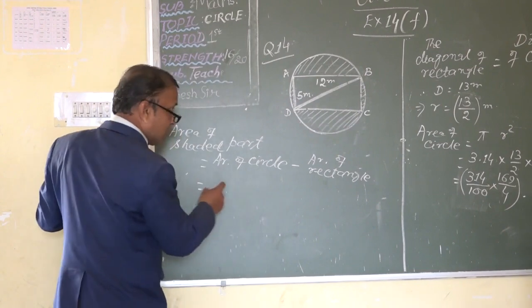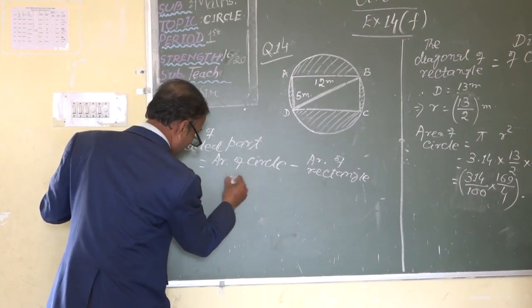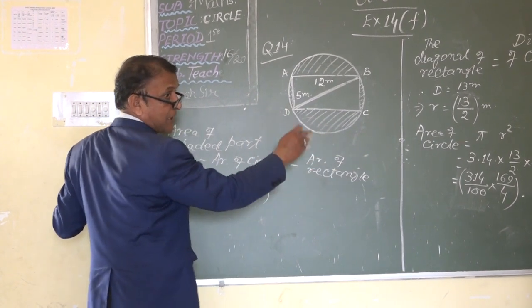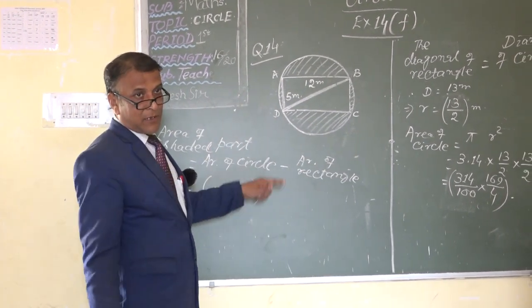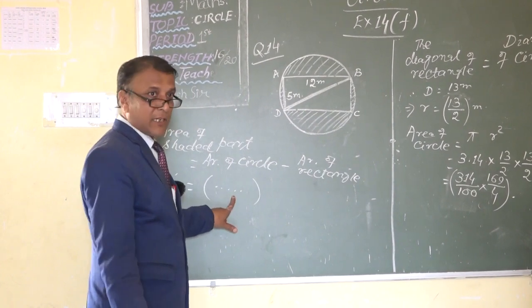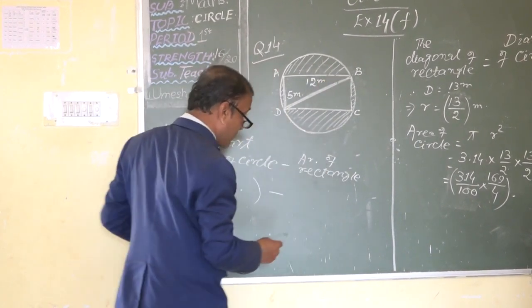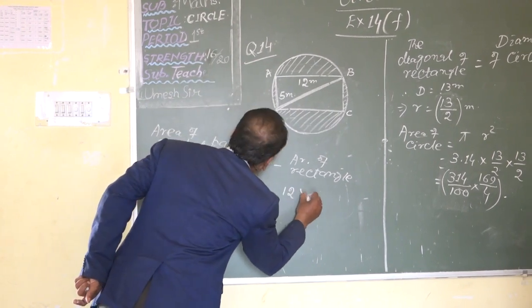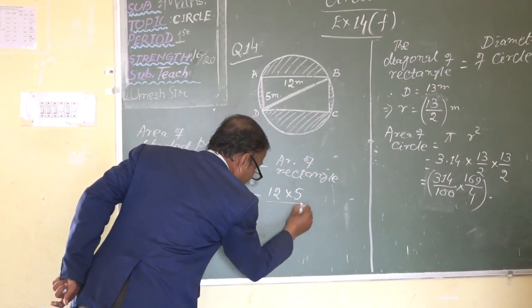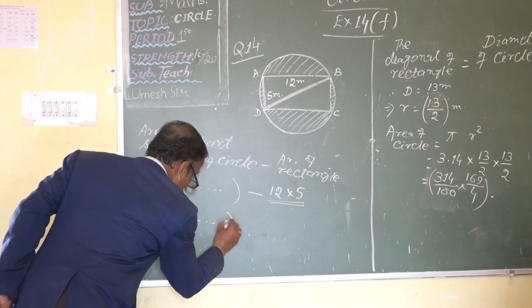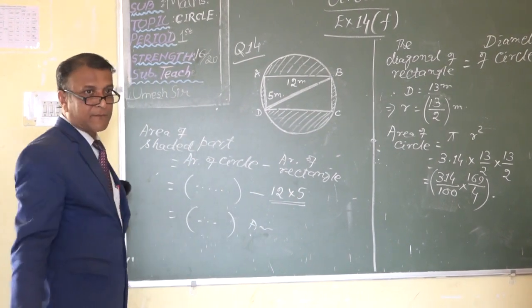So you simplify area of circle, because all are numbers, simply calculation, division, multiplication. So you will get the area of the circle minus area of rectangle. Area of rectangle is equal to length into breadth, 12 into 5, that is equal to 60. So this minus this, after subtracting you will get the answer.